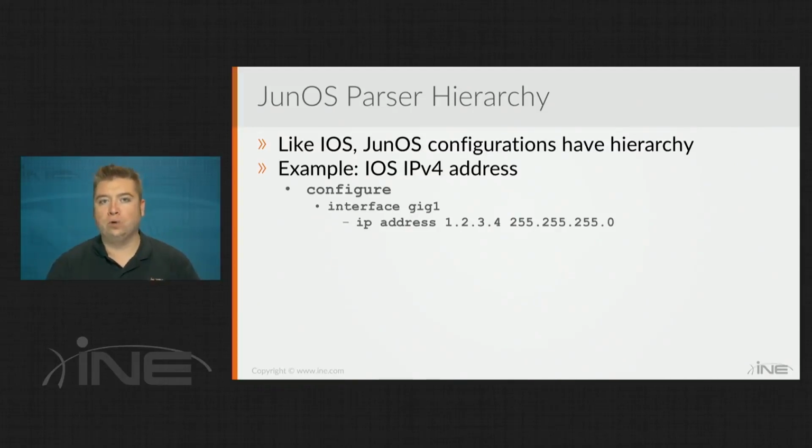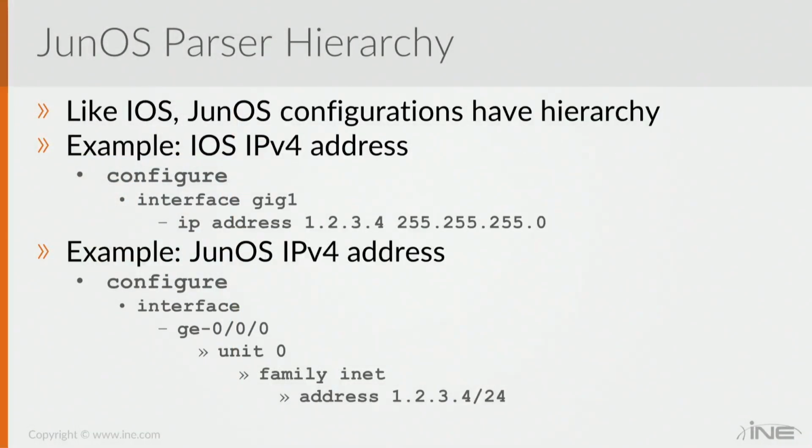Basically, everything is going to be grouped under that last tree of the hierarchy, which is the interface level. But in the case of JunOS, the hierarchy is much more detailed, where we would go to configuration mode, go to the interface, go to the specific unit, which we'll see is basically the equivalent of a subinterface, go to the address family, and then specify the particular options under there.